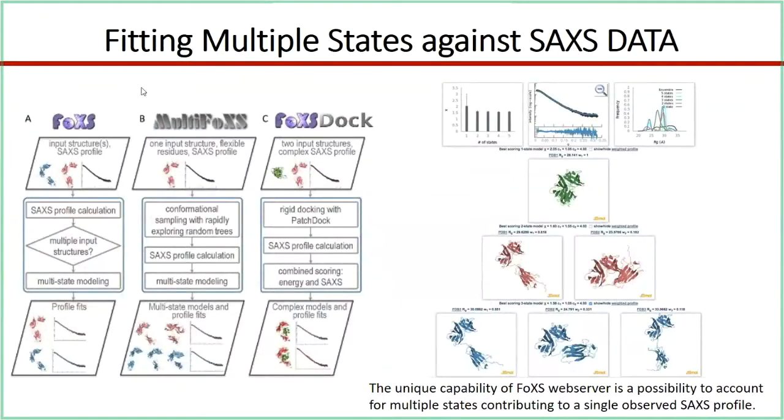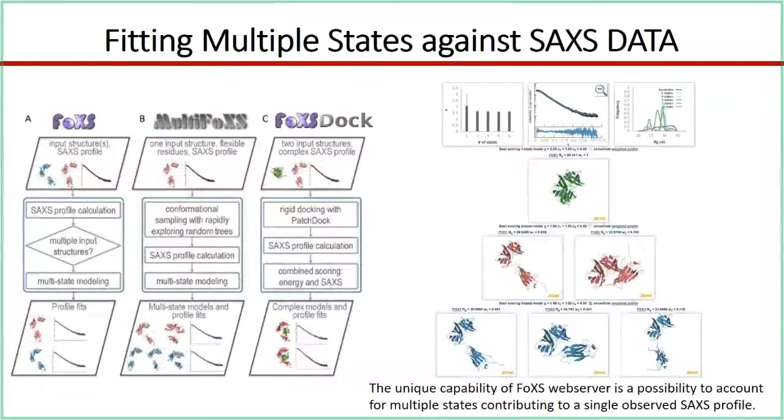So there are programs available like MultiFoXS, which try and generate ensembles of these. So the ensembles are generated based on your input, which is basically a SAXS profile, a PDB file with the entire structure, and a separate file defining which regions of that PDB file can be considered flexible.